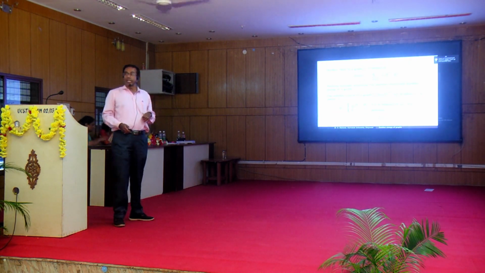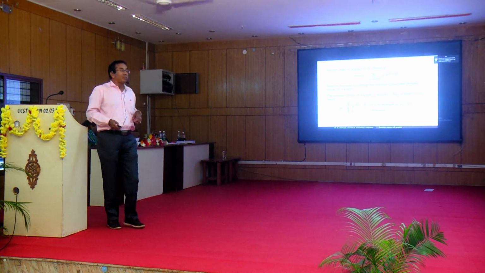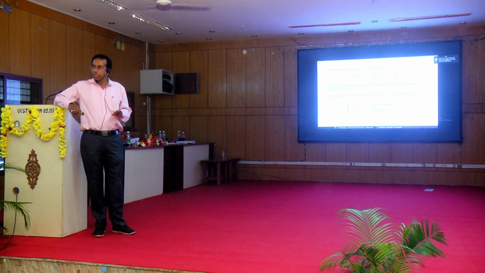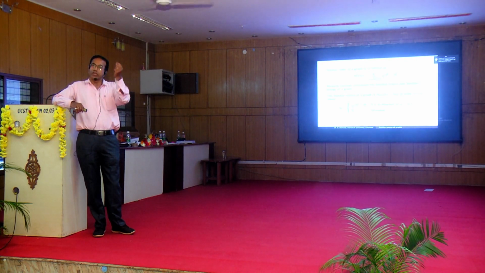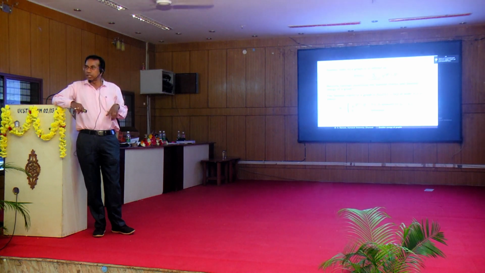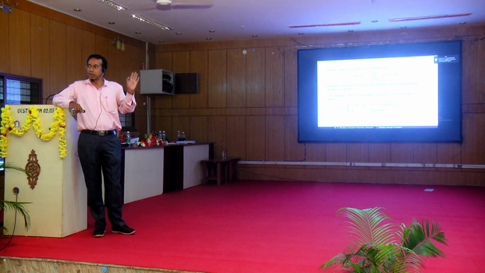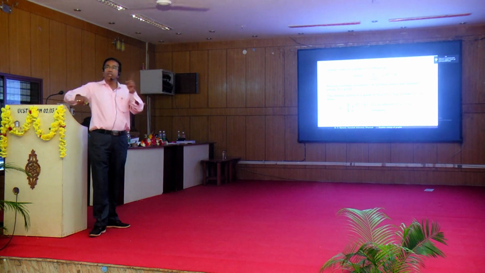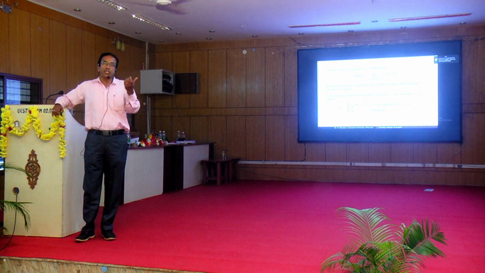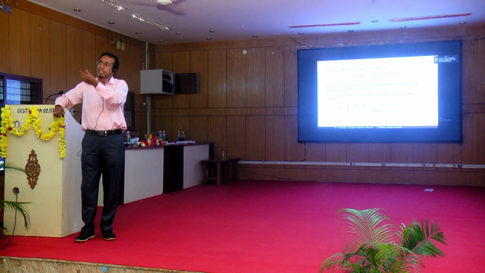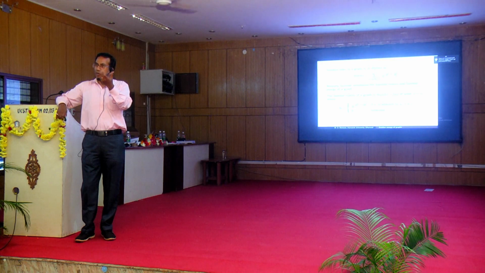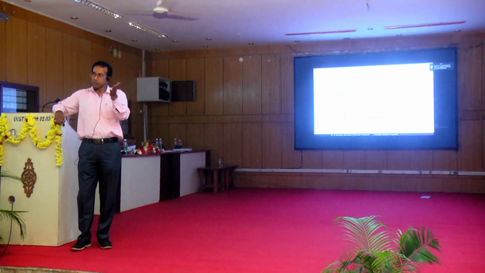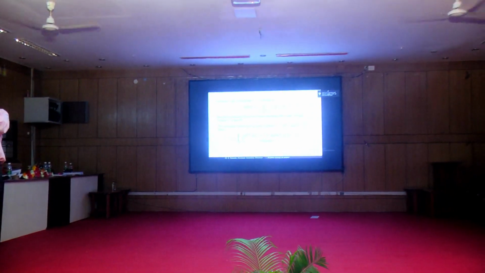First of all, the Sombor index. It is defined as the summation of the square root of di square plus dj square for every adjacent pair vi vj, where di is the degree of the corresponding vertex vi. The square root of di square plus dj square is the Euclidean distance of the point (di, dj) from the origin in the two-dimensional plane. You know the distance formula: the distance between two points (x1, y1) and (x2, y2) is the square root of (x2 minus x1) square plus (y2 minus y1) square.